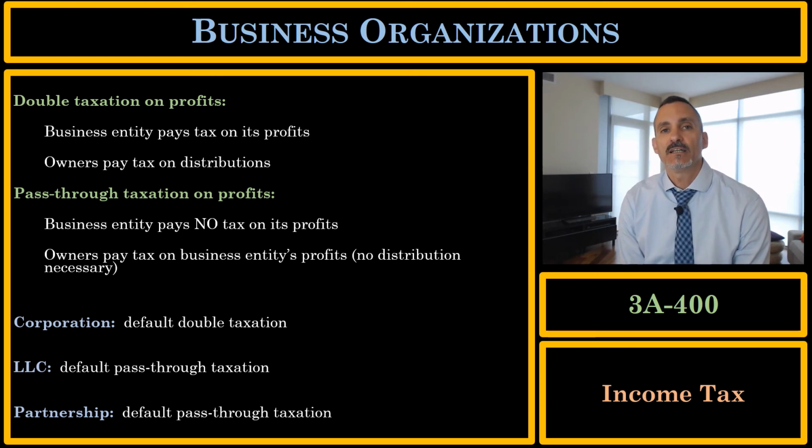The LLC, as a default, has pass-through taxation, but we'll talk about ways that your client can achieve double taxation if your client wishes using the LLC. And finally, the partnership as a default has pass-through taxation, but we will talk about ways where you can get double taxation for your client if your client selects a partnership.